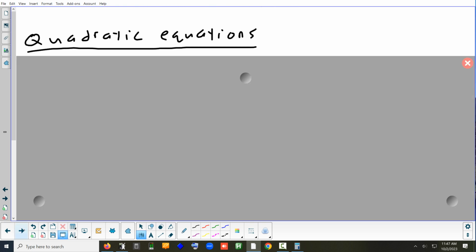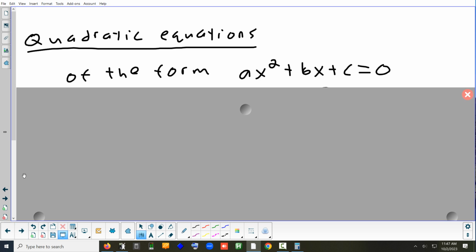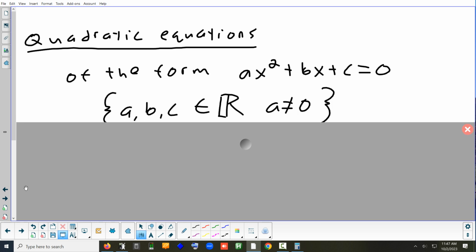The last thing we're going to look at, quadratics. So linear equations basically have a number with x plus a number. Quadratic equations have a number with x squared, then a number with x, then a number. And the a, the b, and the c can be any real number that you want, except a can't be what number? 0.